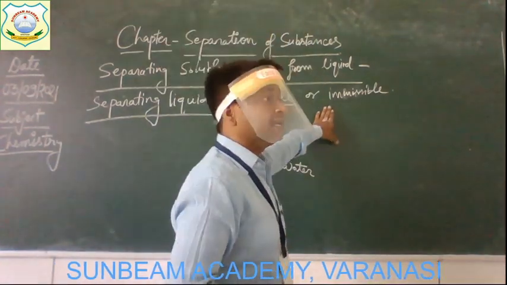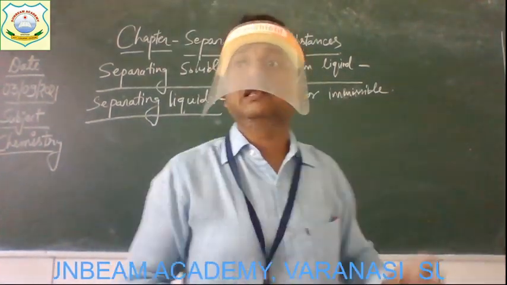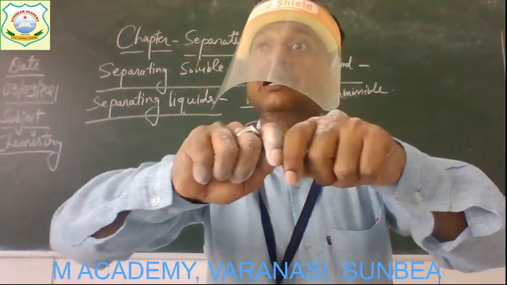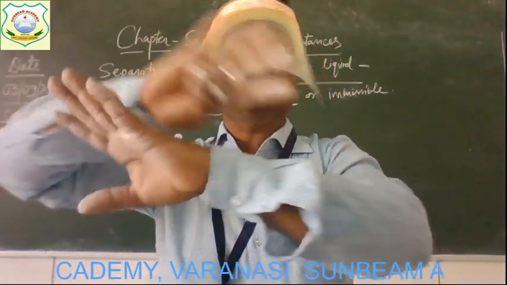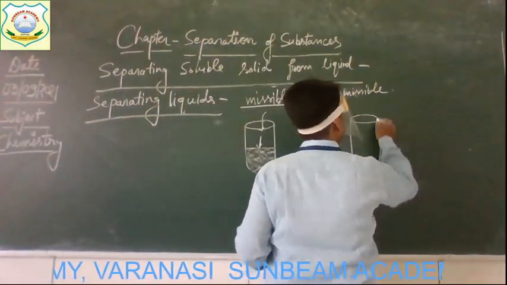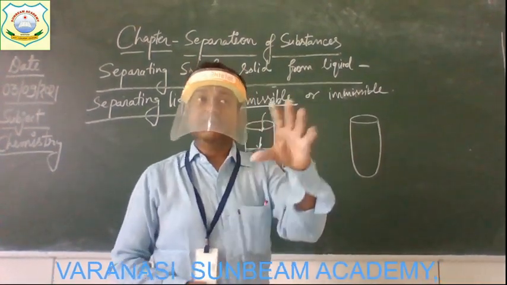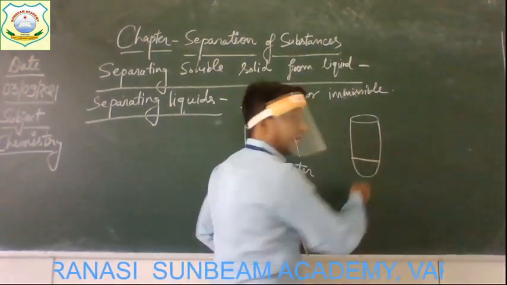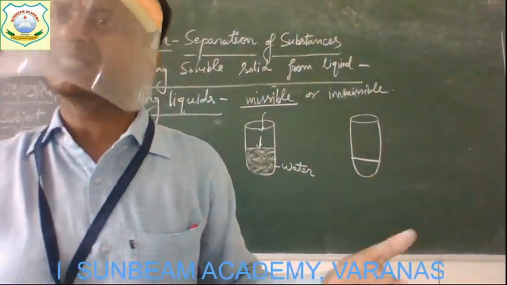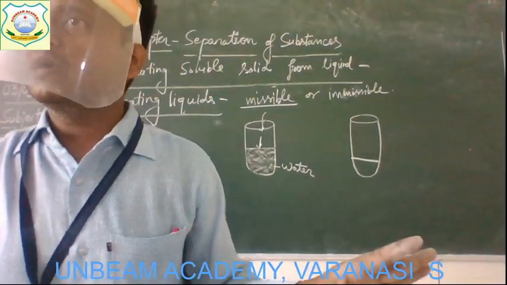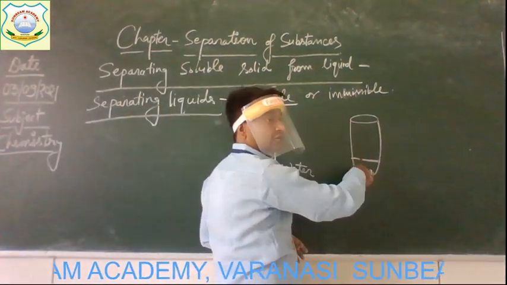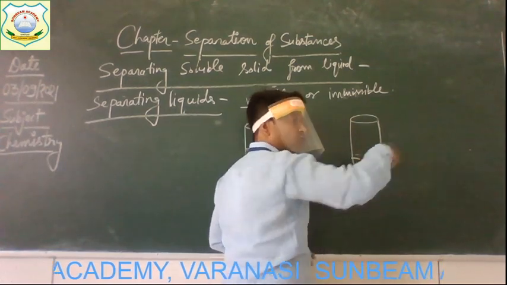Now, the second kind of liquids, immiscible liquids. The liquids, when mixed together, are seen separately. They cannot mix together. In a glass, I have taken some water and now add some oil, either cooking oil, mustard oil, coconut oil, any oil. Just take three or four spoons of oil, put it here and try to mix it with the spoon.